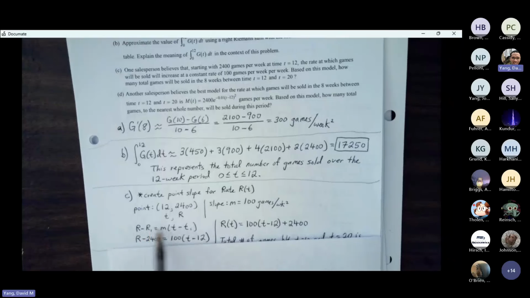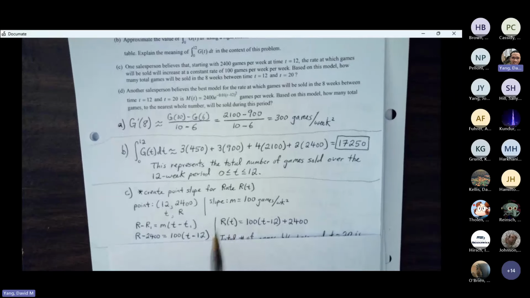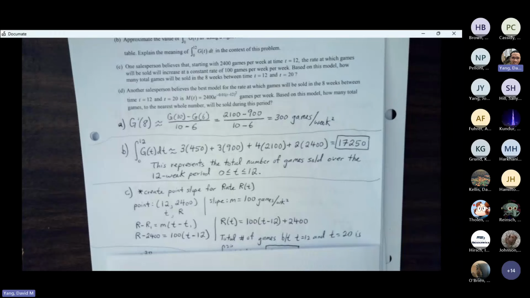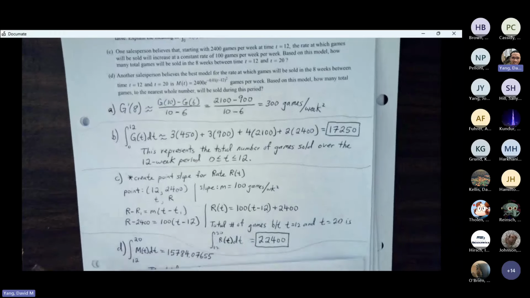So instead of y minus y1 equals m times x minus x1, I'm doing r minus r1, t minus t1. So r minus 2,400 equals the slope 100 times t minus 12. I'm going to solve for r. And remember, R of t is in terms of games per week. So we're going to take this rate and accumulate these games per week over the next 8-week period.